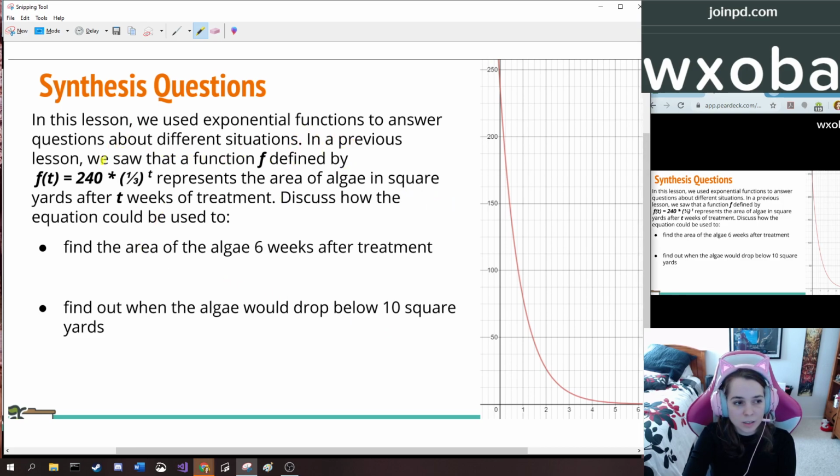In a previous lesson, we saw a function f defined by f of t equals 240 times 1/3 to the power of t, which represents the area of algae in square yards after t weeks of treatment. Discuss how this function could be used to find the area of algae 6 weeks after the treatment, and to find out when the algae would drop below 10 square yards.